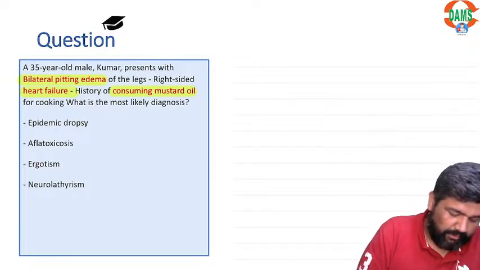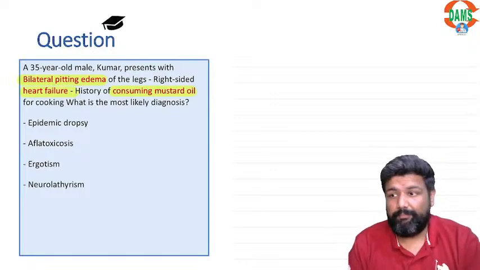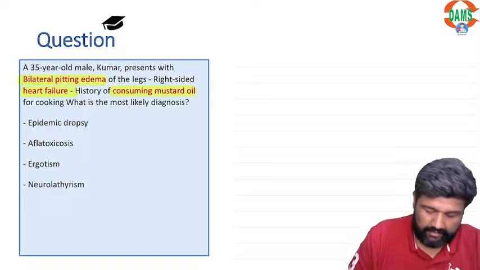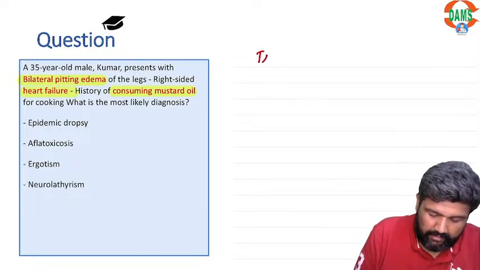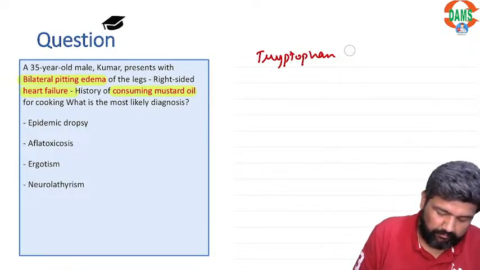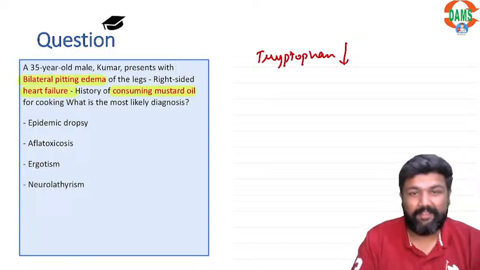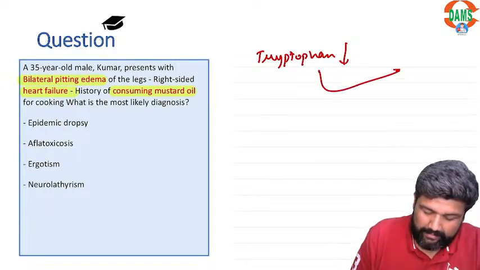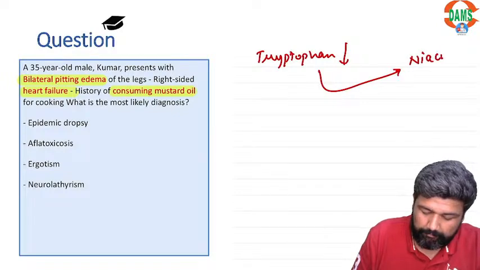Guys, one student was asking why eating maize causes niacin deficiency. Maize is deficient in tryptophan; sorry, tongue slip. Tryptophan is needed to make niacin.